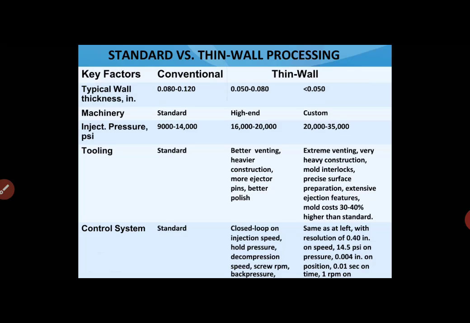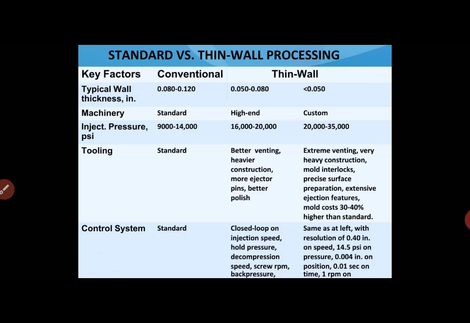The key factors. For conventional injection molding, usually the wall thickness is 0.08 to 0.1 inches, but in thin walled it will be 0.05 to 0.08 inches, or even less than 0.05 inches.